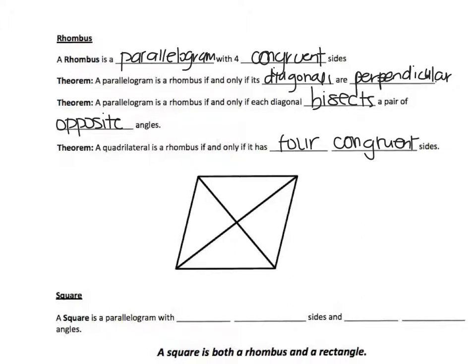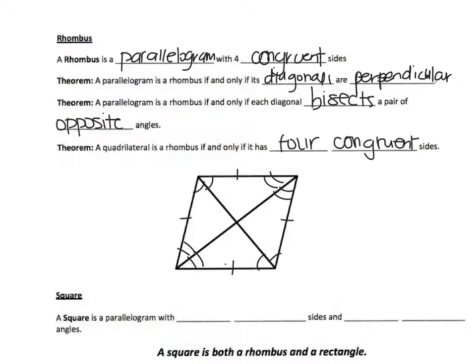So let's go ahead and label this information in a rhombus. So all 4 sides are congruent. Opposite angles are bisected. They're also congruent because in a parallelogram, opposite angles are congruent. Okay.